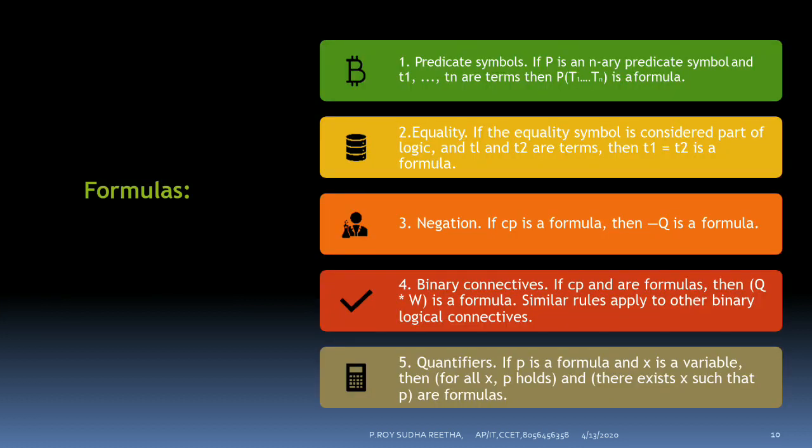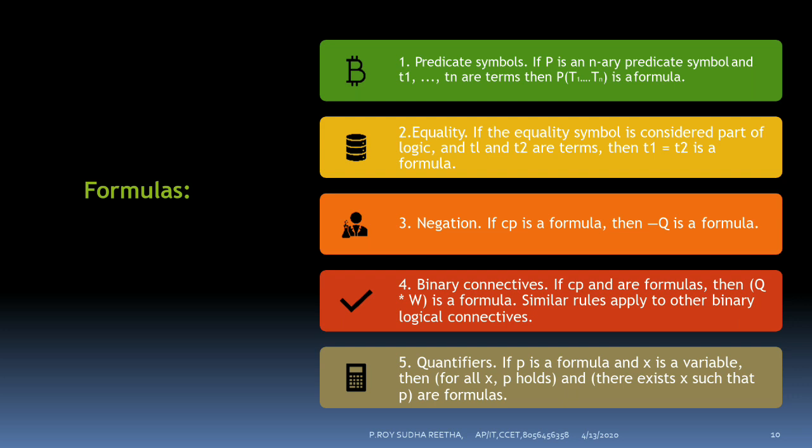And what are the formulas we use in first order logic? First is the predicate symbol. As we all know, a predicate applied to various terms is the first formula we use in first order logic. Secondly we use equality: if T1 and T2 are terms, T1 equal to T2 is a formula.